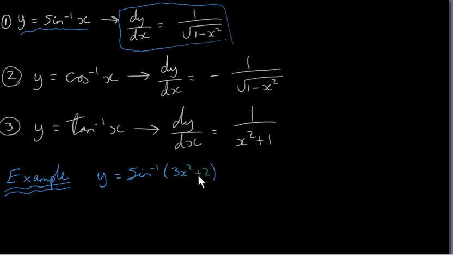Now we're going to have to use the chain rule here. So we just pretend that this here is a single term. You could call it u if you like. So dy/dx is got by copying this out and replacing x with 3x squared plus 2.